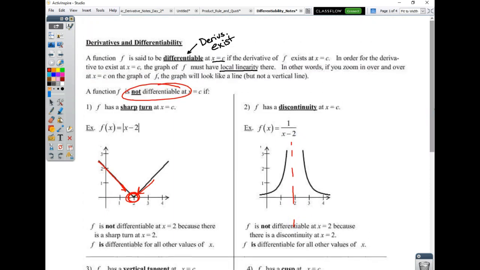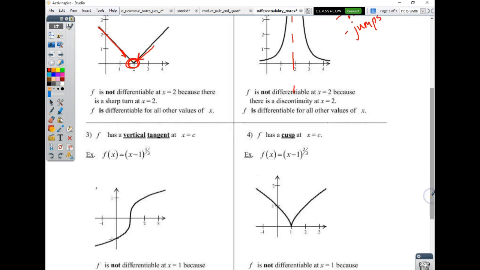That's really important, so I want you to star that. Anytime there's an asymptote or a discontinuity, and this would also be true for holes and jumps, it is not differentiable.